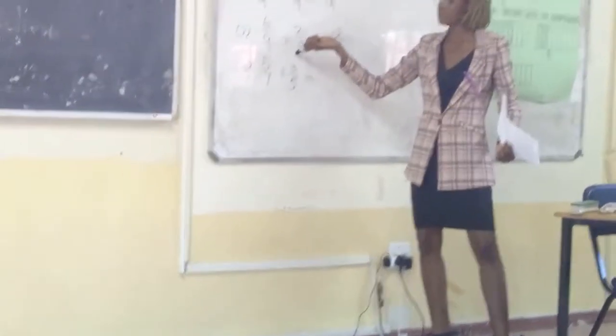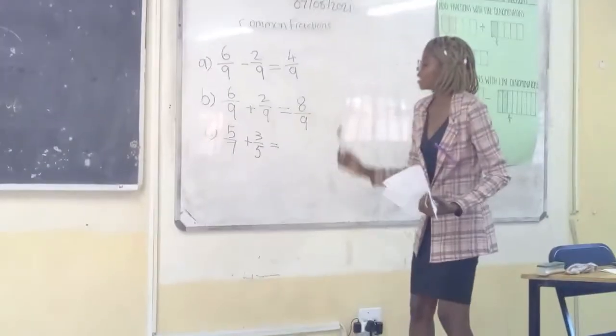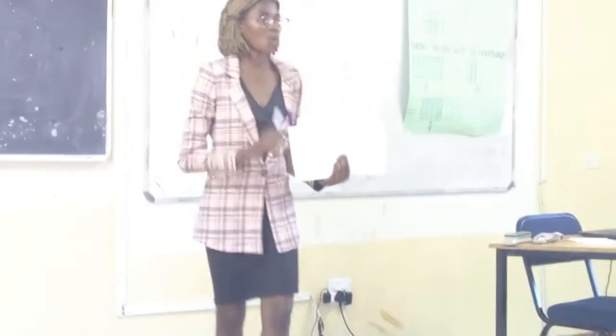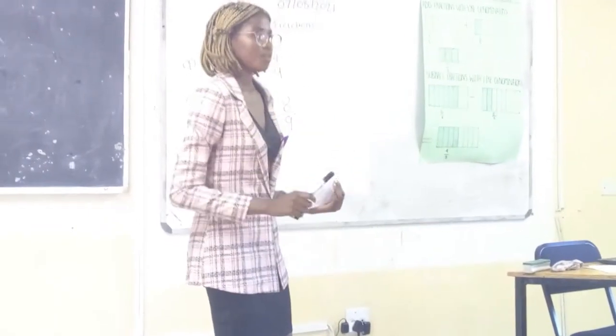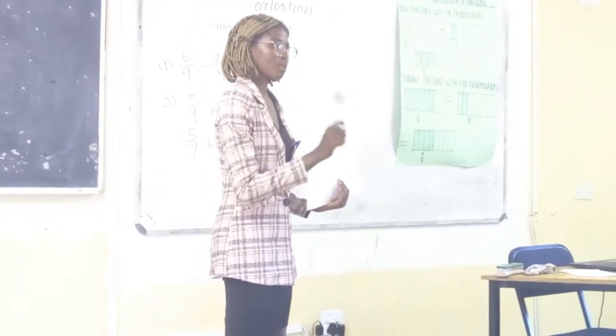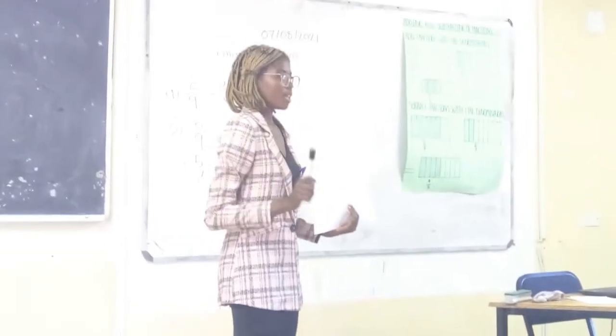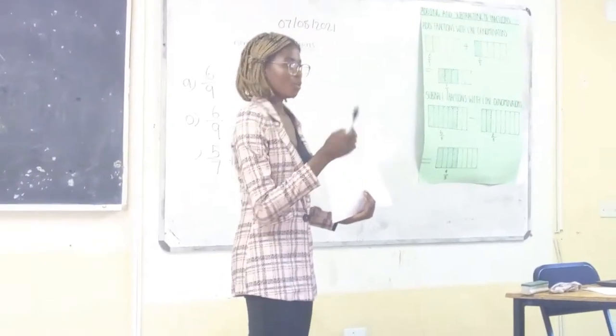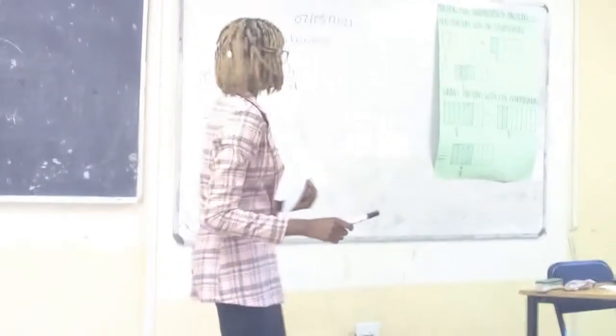When the denominators are the same, you just add the numerators. But if the denominators are not the same, you have to find the lowest common multiple. I'm sure you all know what the lowest common multiple is. Is there anyone that doesn't know? No. You all know what it is, right?